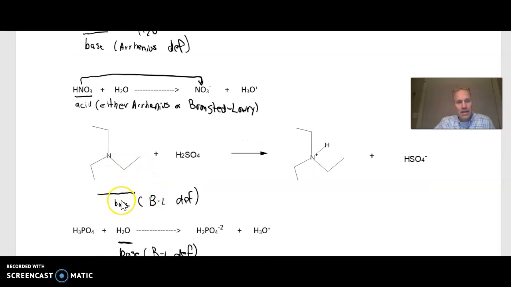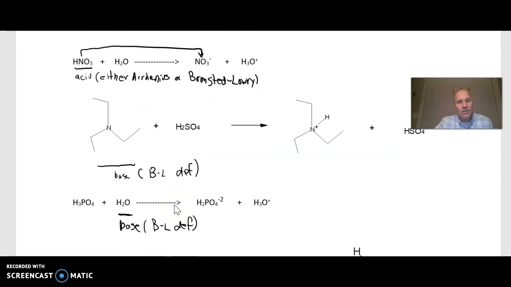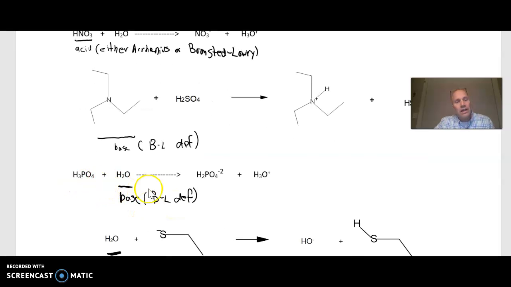In this case right here, notice that this is a base. The reason that we can do that is that it accepts an H plus when this happens. So it's a base according to the Bronsted-Lowry definition. In this case right here, water. It might sound weird to hear that water is either an acid or a base. I thought that water is neutral.